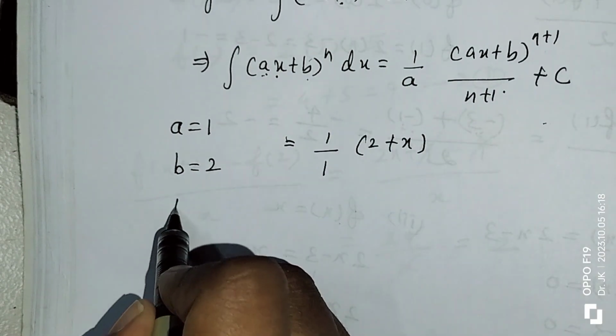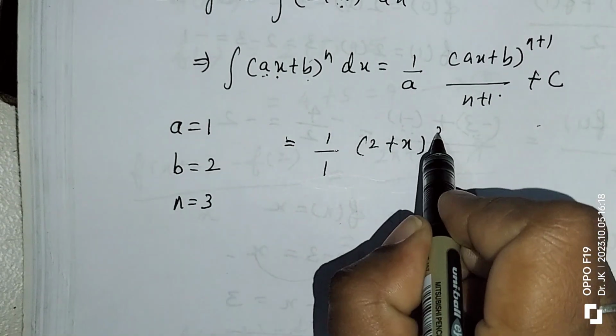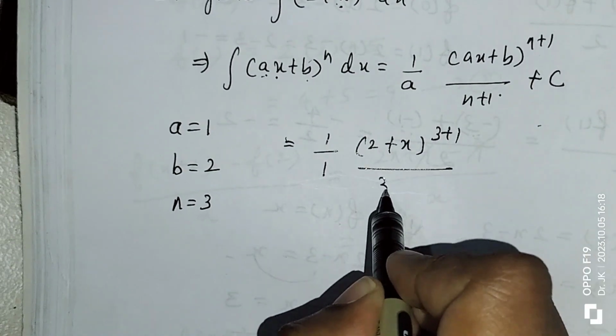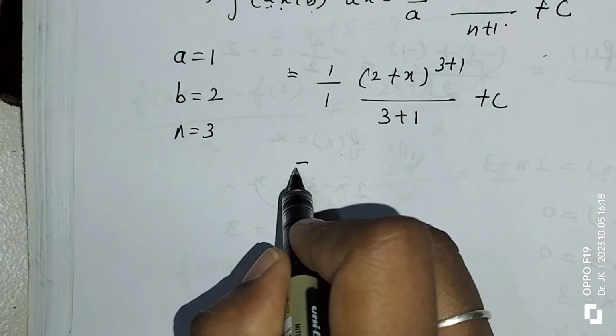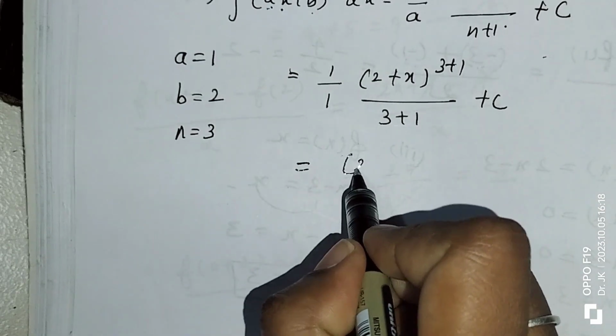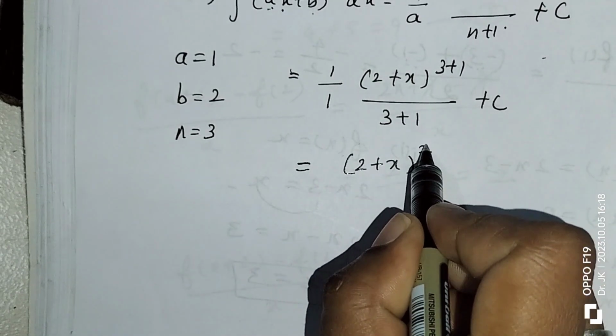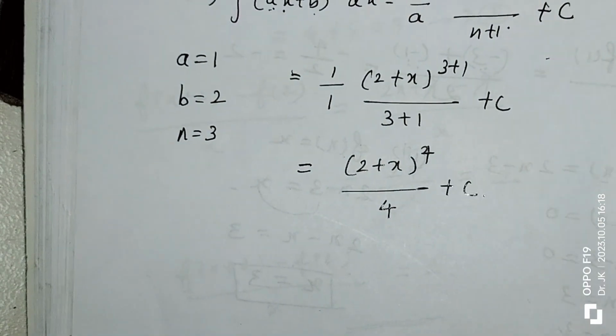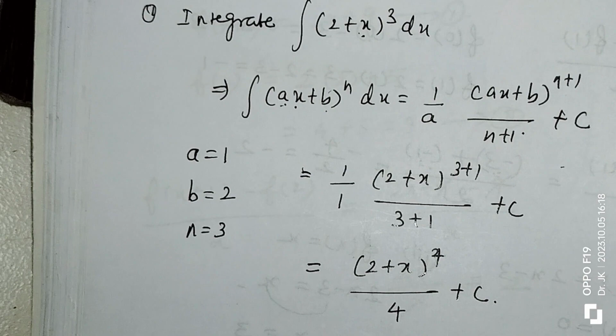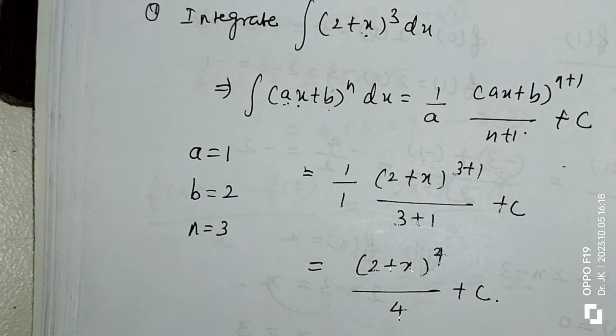Here n is equal to 3. So 3 plus 1 by 3 plus 1 plus c. So this is the answer. After simplification we get 2 plus x whole power 4 by 4 plus c. So this is the integration of 2 plus x whole power 3 dx.